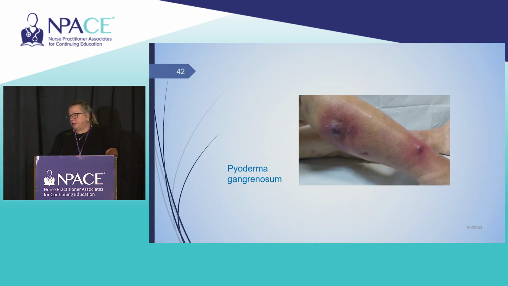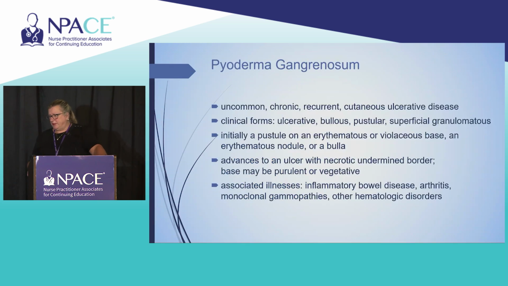Pyoderma gangrenosum is a very painful, uncommon ulcerative disease. And the characteristic lesion is an ulcer that then also develops a necrotic border, and it can become vegetative or purulent in the center. But the important thing about pyoderma gangrenosum for our purposes is that it is associated with inflammatory bowel disease.